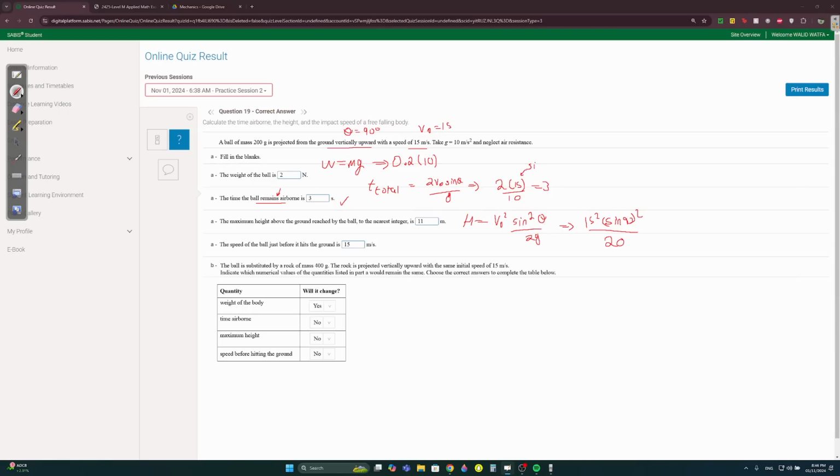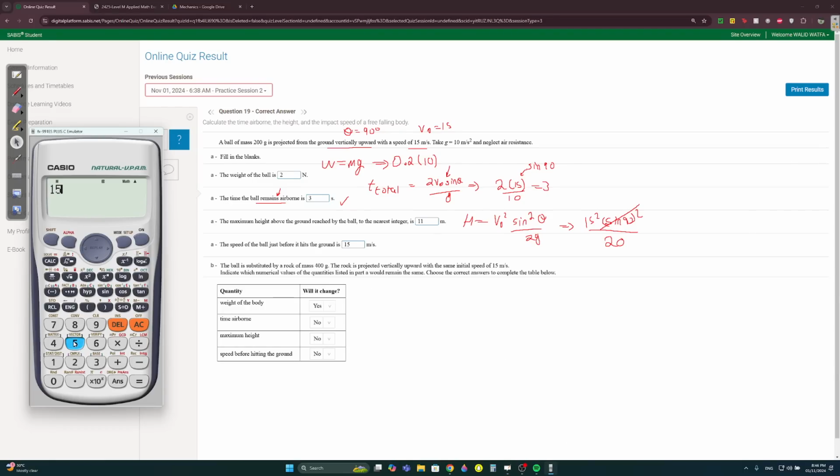I didn't write sine 90 because sine 90 is equal to 1. You can do this on your calculator, plug in 2 times 15 sine 90 over 10, and you're going to get the same answer because sine 90 is equal to 1. 15 sine 90 is the same as 15 times 1. Here, sine 90 squared is just 1, so we don't care. 15 squared divided by 20, you should get 11.5. The nearest integer is 11.